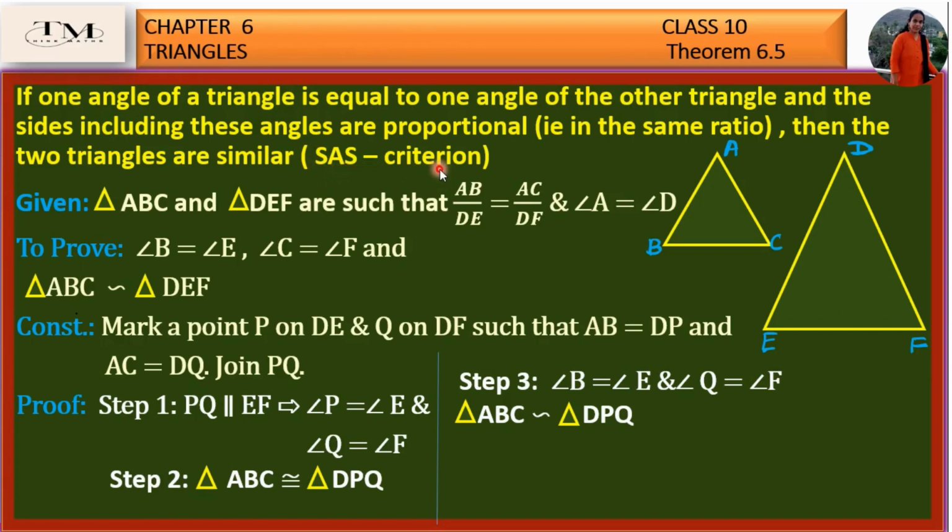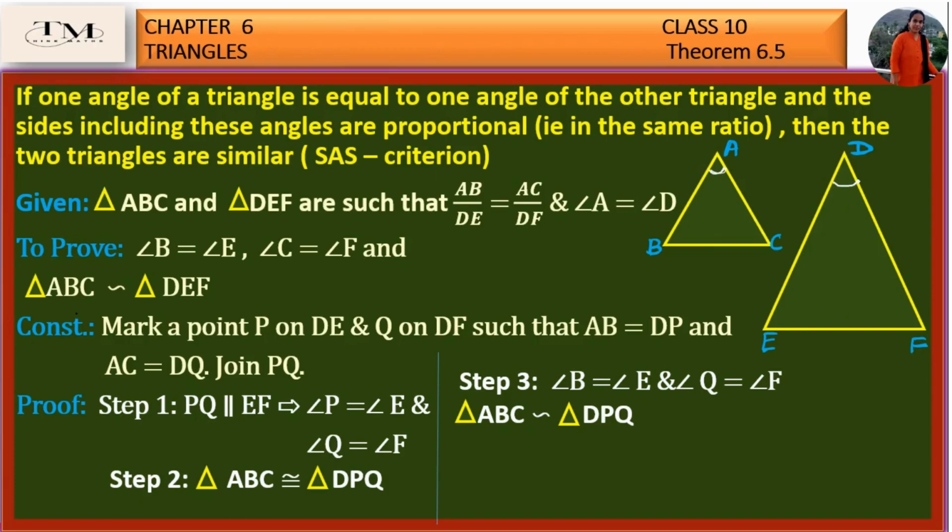Okay. So, what is given? They have given a triangle ABC and triangle DEF. One angle is equal, so let us take angle A equal to angle D. Next, the sides including these angles: the sides on both sides of the angle A are AB and AC.